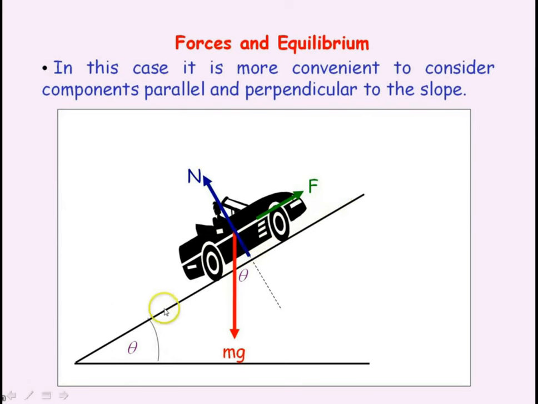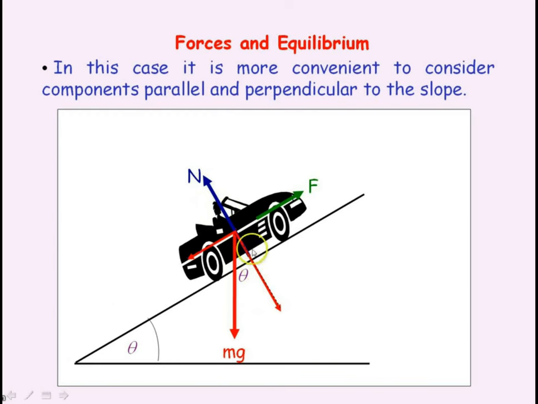So in this case, rather than looking at horizontal and vertical components, it's easier to look at components parallel and perpendicular to the slope. For that reason, we will need to resolve our weight into components that are parallel and perpendicular to the slope. We've got the perpendicular component of weight, which is opposite to the normal reaction force.